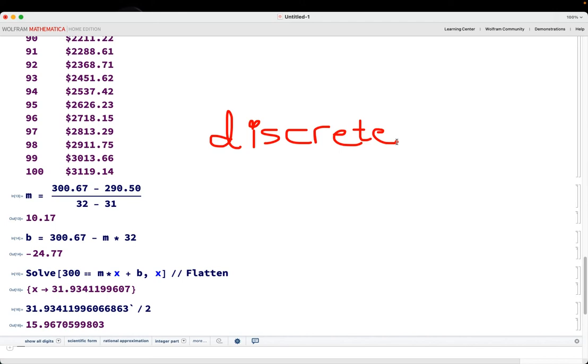So what is discrete? Discrete means like you have 12 months in a year, 5 children in a household, 12 eggs in a dozen, or a box with 100 cookies. Those are examples of discrete quantities that can be described with just regular whole numbers or integers.